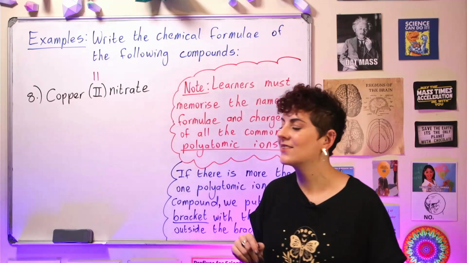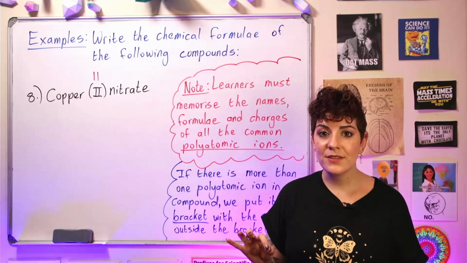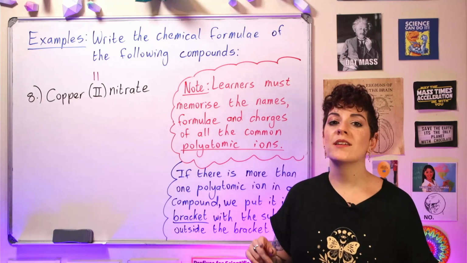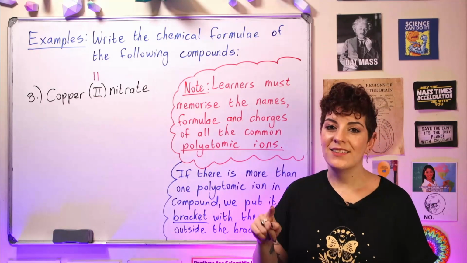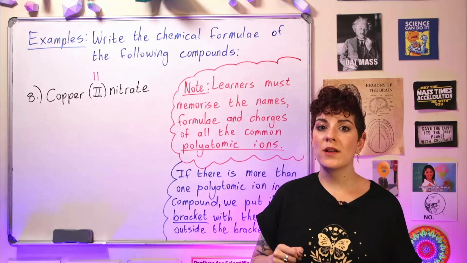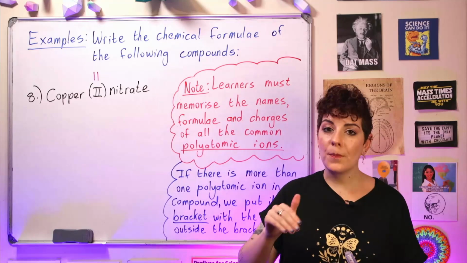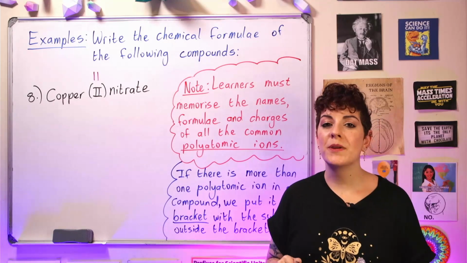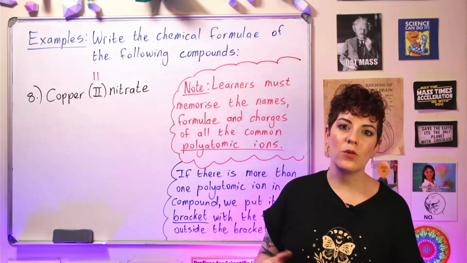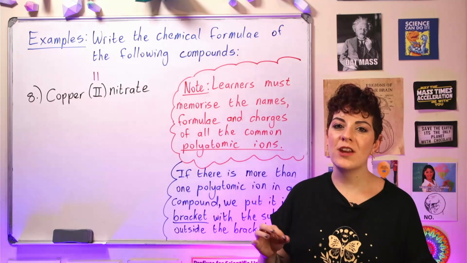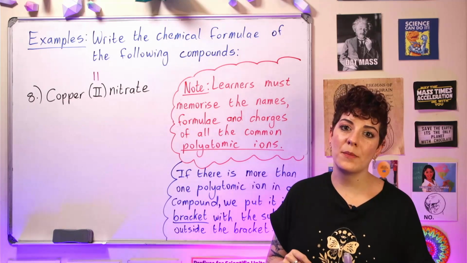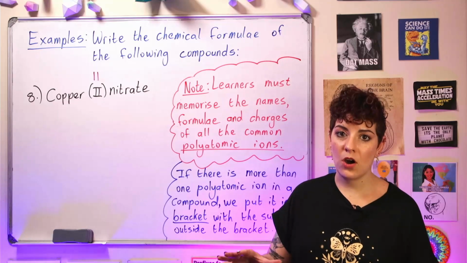Nitrate in this case is NO3-, but there's a different polyatomic ion called nitrite, which is NO2-. Nitrite is a polyatomic ion, NO2-, but if this was nitride, it would not be a polyatomic ion at all. It would be a monoatomic ion of nitrogen. So one letter can make all the difference. And as we said, you really need to be able to recognize the specific names of polyatomic ions in the name of a compound.